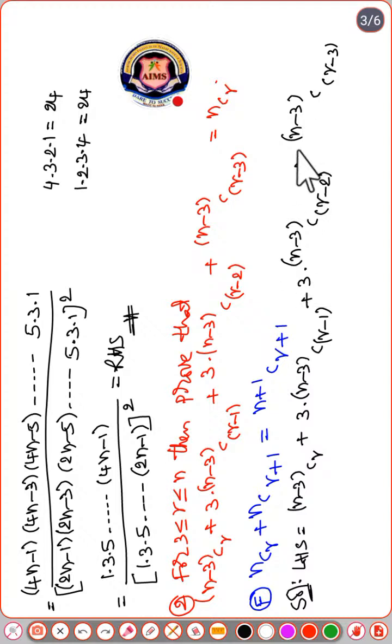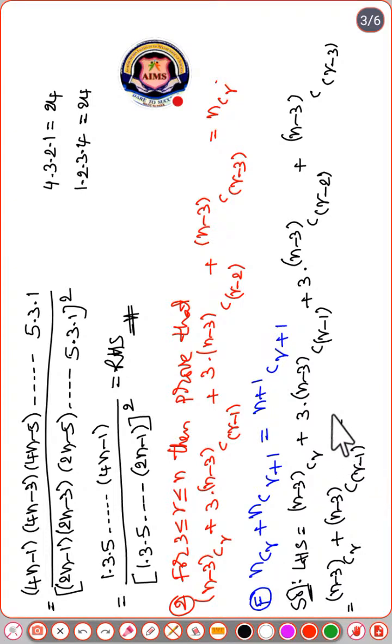This is the LHS. Okay, my dears. This part you will continue, n minus 3 Cr as it is. Plus this is 3 times, so I can write like 1 plus 2. So 1 time n minus 3 Cr minus 1.